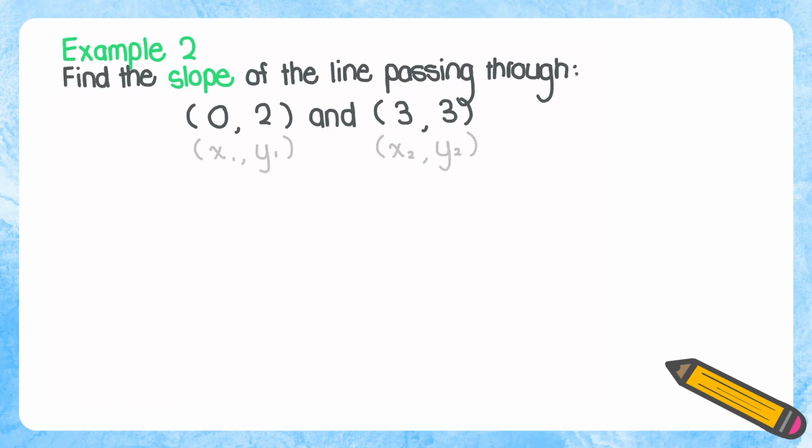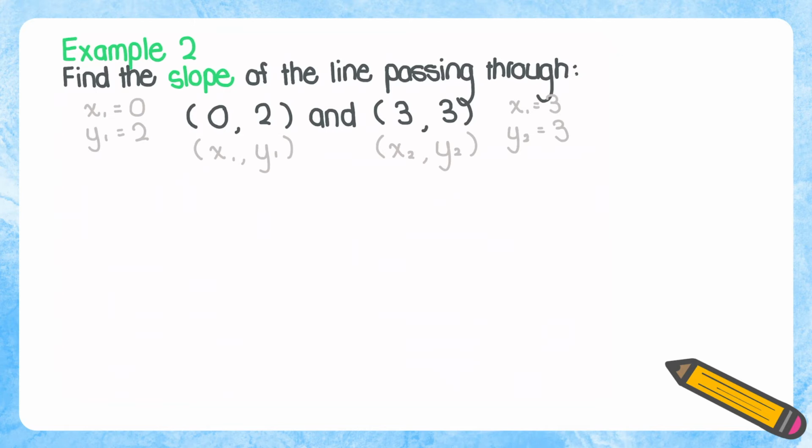So let me write out what each value is. x sub 1 equals 0, and y sub 1 equals 2. x sub 2 equals 3, and y sub 2 equals 3. Again, I labeled each part of the coordinates.